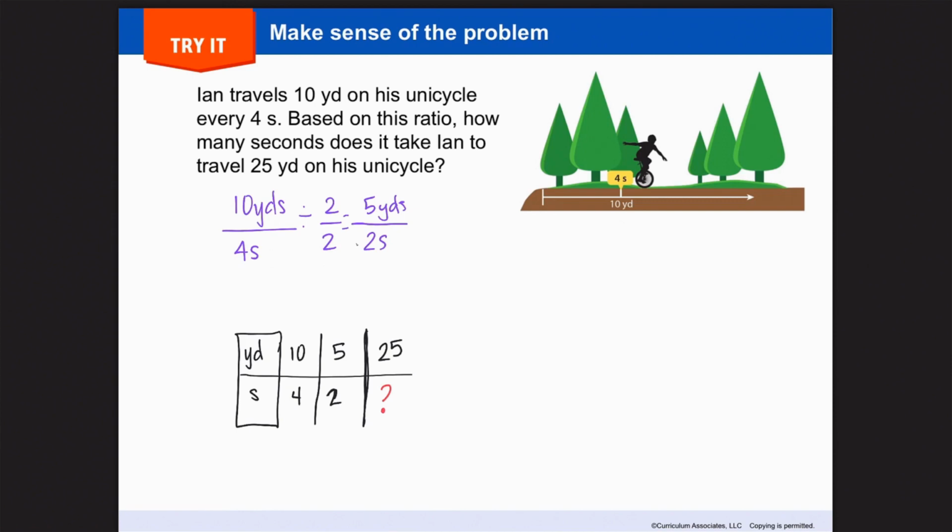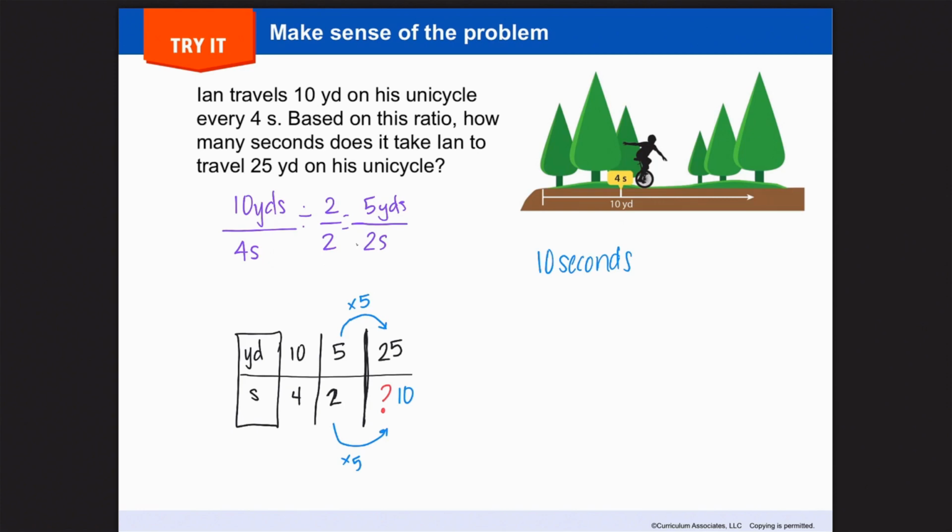So looking at this, I can see that I'm going to multiply by 5 to get 25. And if I do the same thing down here, I should get an equivalent ratio. So what's 2 times 5? Well, I know that that value is going to be 10. So it'll take Ian 10 seconds to get 25 yards on his unicycle.